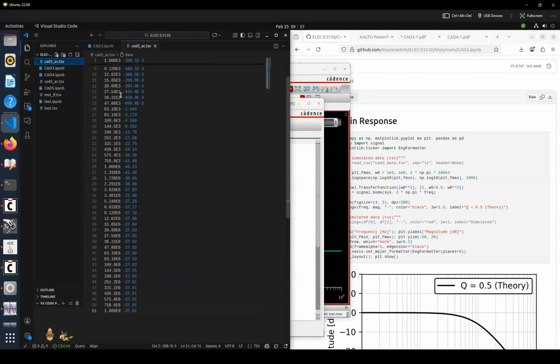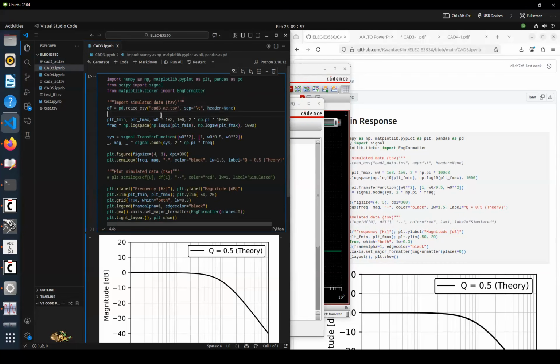So those values are separated by tabs. And we can import this data using Python pandas. And so we defined data frame 0, first column and the second column.